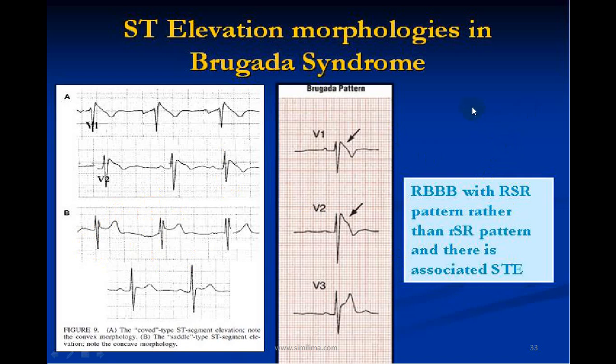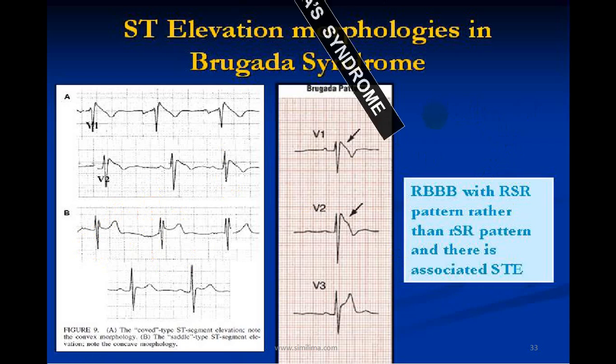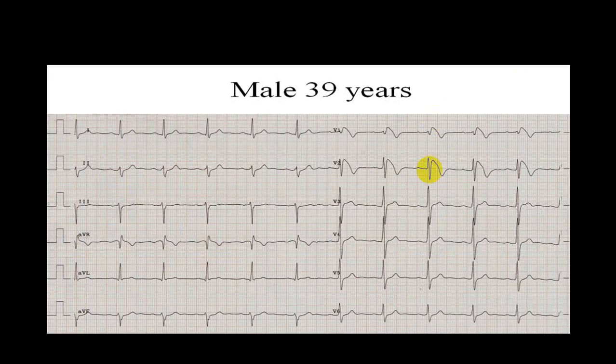This is seen in Brugada. They are also more prone to develop cardiac arrhythmias like ventricular tachycardia, polymorphic ventricular tachycardia, ventricular fibrillation, and they can have sudden cardiac death. So do keep this in mind. This again shows a sharp coved ST segment with T wave inversion, in a case of Brugada syndrome.